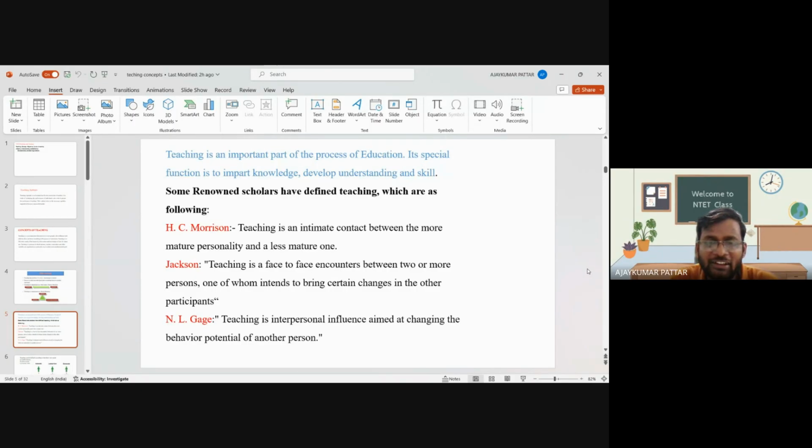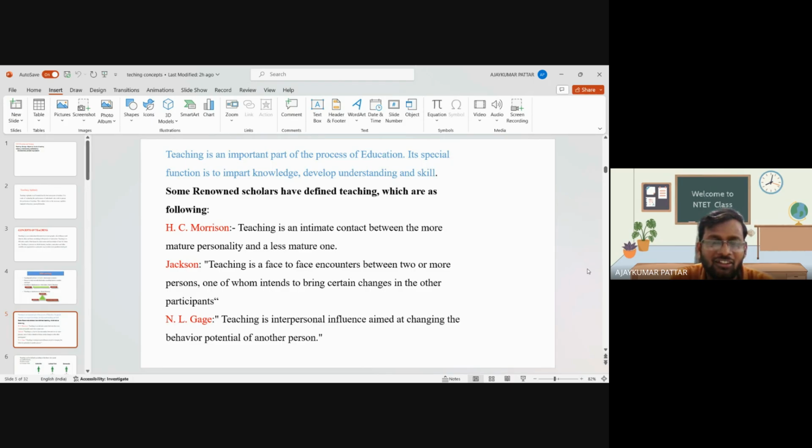Teaching is an intimate contact. Which type of contact? Intimate contact between a more mature person and a less mature one. The more mature person will contact the less mature one, and that we call teaching. This more mature person will know more things than the less mature one.